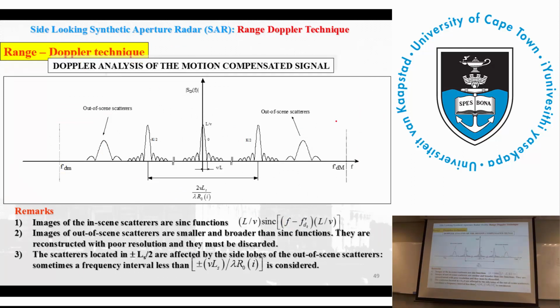So those scatterers are still visible. I'm not saying they're not. They're here, and they're also here. So if you form just a Doppler spectrum here, you will see the scatterers in scene being focused really sharp.